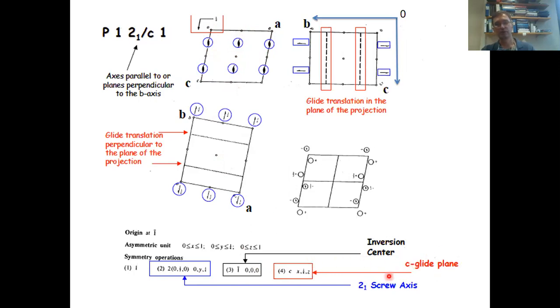So last but not least, you see here the position of the glide plane, a C glide plane, and its position x, a quarter, z.